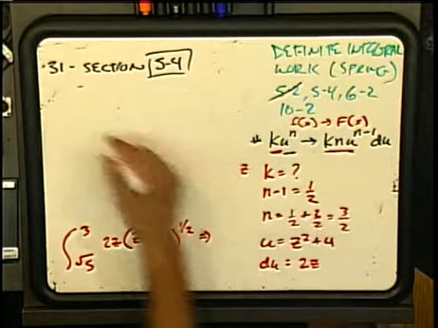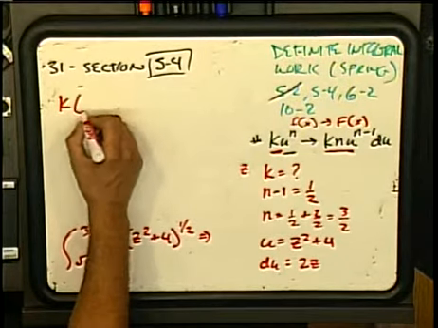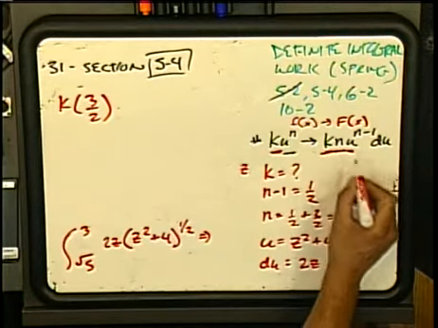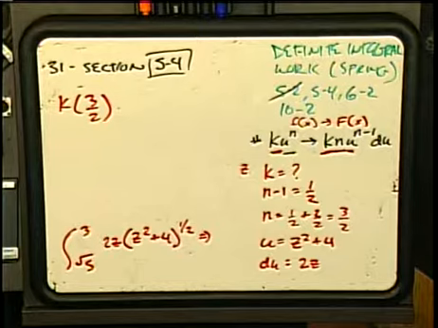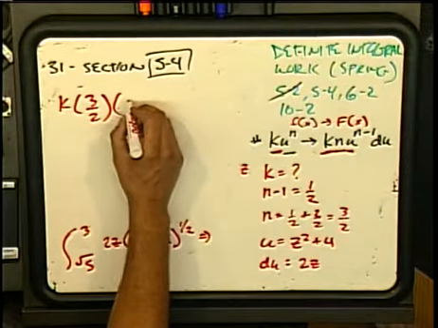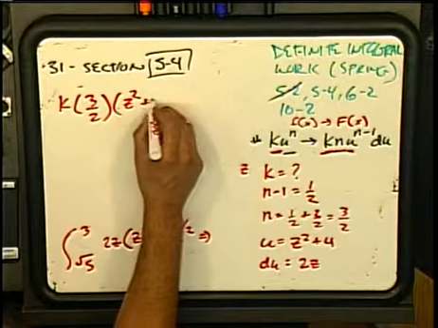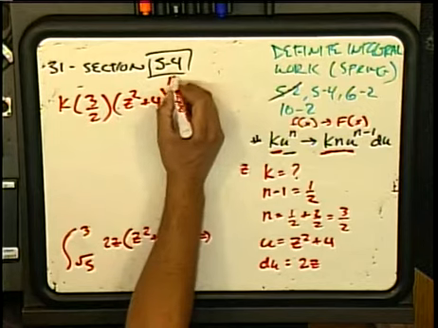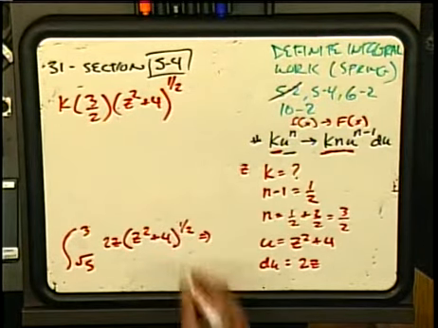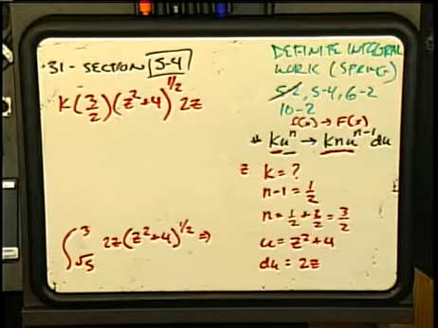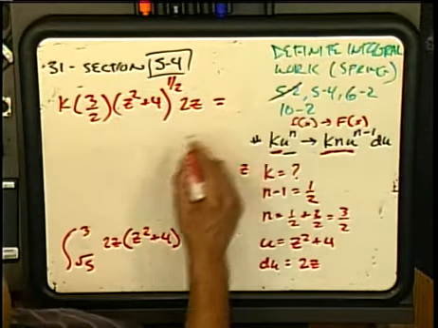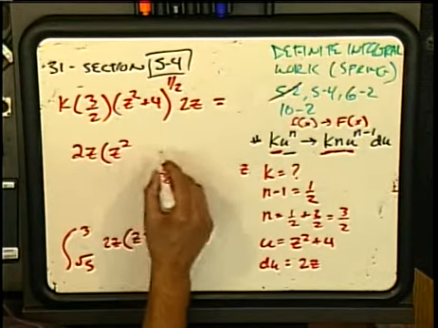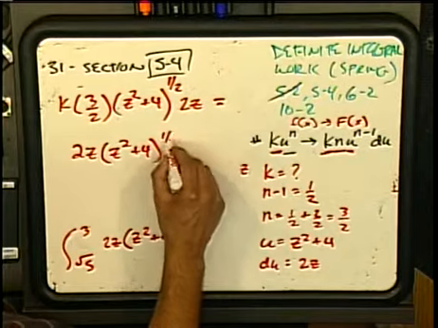Write it like this: k, n, u is z squared plus 4, n minus 1 is 1/2, du is 2z. Using the chain rule, it equals the original function, which is 2z times z squared plus 4 to the 1/2.